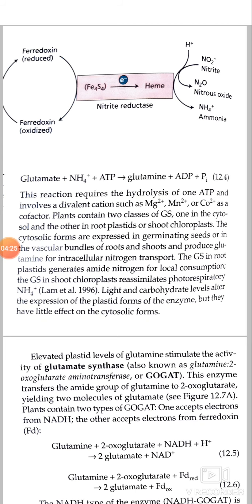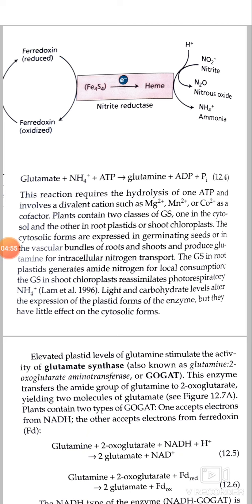This enzyme transfers the amide group of glutamine to 2-oxoglutarate, yielding two molecules of glutamate. Plants contain two types of GOGAT enzymes. One accepts electrons from NADH, the other accepts electrons from ferredoxin.